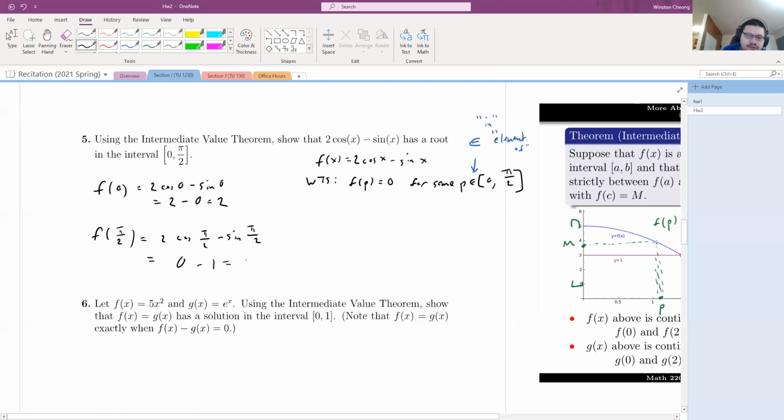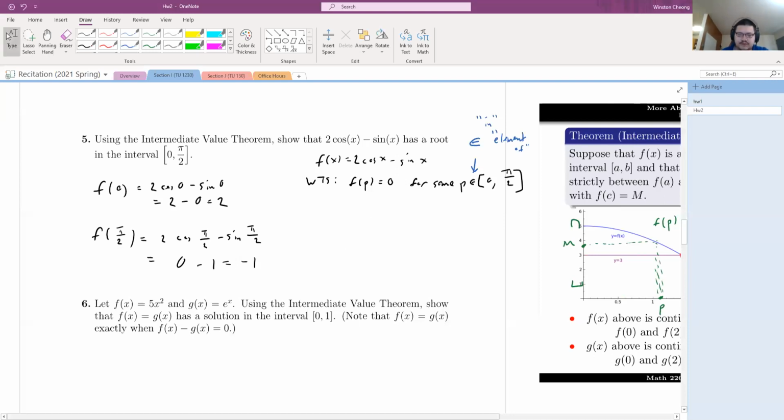So we get 0 minus 1, which is negative 1. I'm doing the calculation mentally. Hopefully you can also do the calculation in a reasonable time. And so notice we have one evaluation give you a positive, the other one give you a negative.